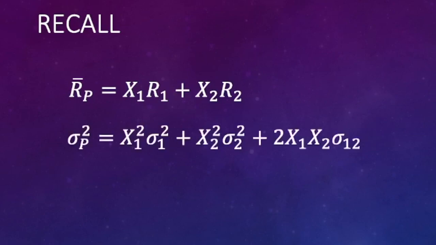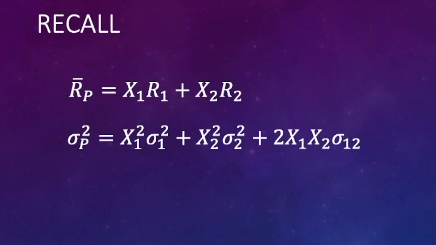And how we calculate the variance, also just a recall, is this: for a portfolio where the variances of individual securities are given, which are sigma 1 square and sigma 2 square, as well as the covariance, sigma 1 2, for every pair of securities. This is for just two securities.